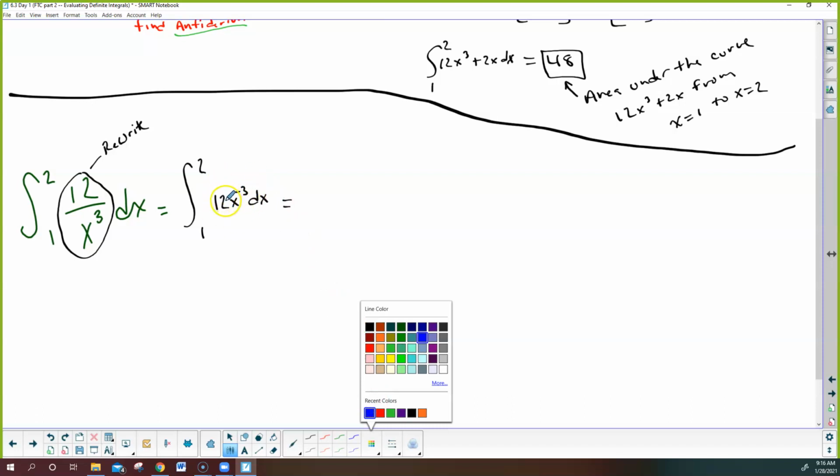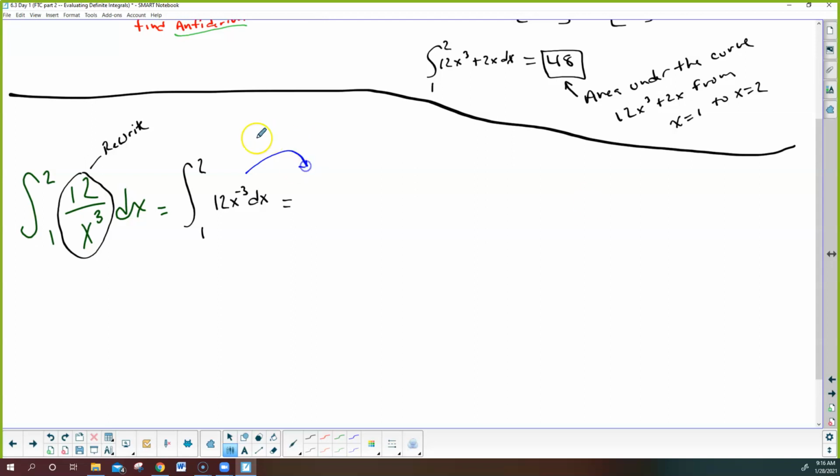And now, this is just undoing the power rule again. We're going to find the antiderivative. So I'm going to add 1 up top. And when I do that, negative 3 plus 1 will be a negative 2.